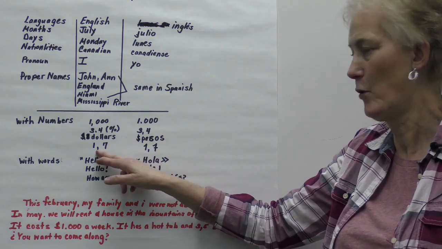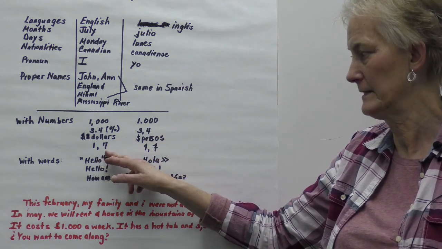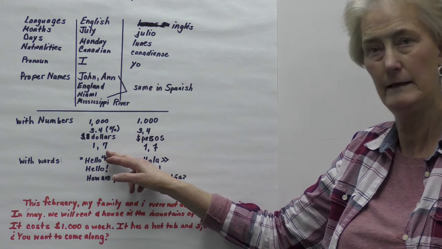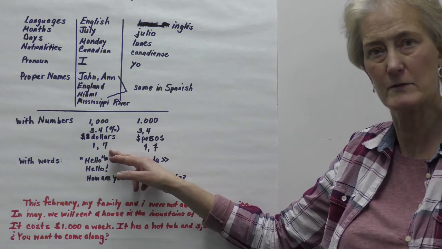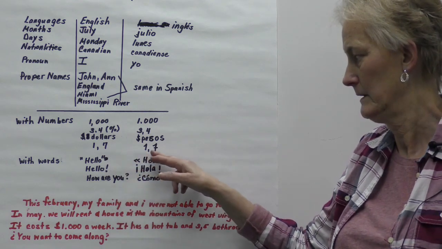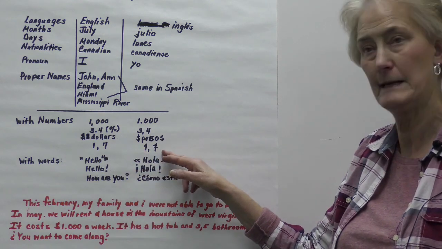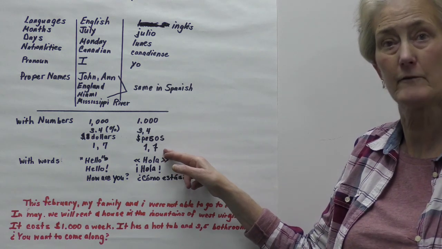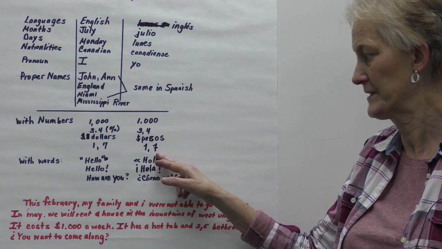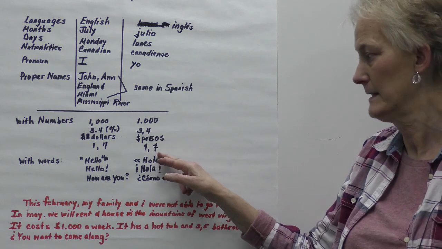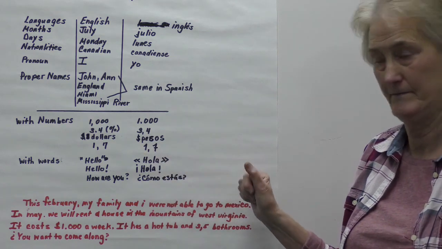The numbers 1 and 7 in the United States, anyway, are written usually in this way. For Spanish-speaking people, and really in a lot of the world, the 1 and the 7 are different. The 7 has a line through it. Okay.